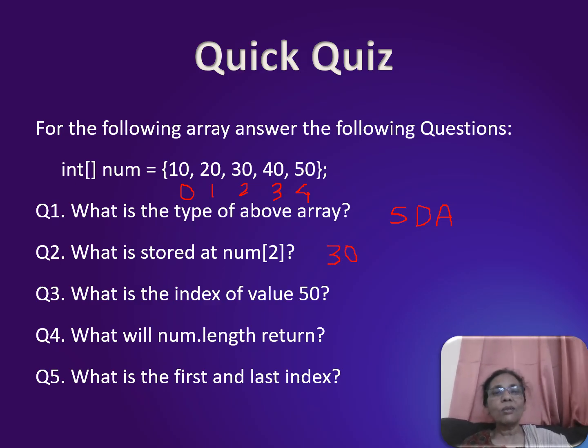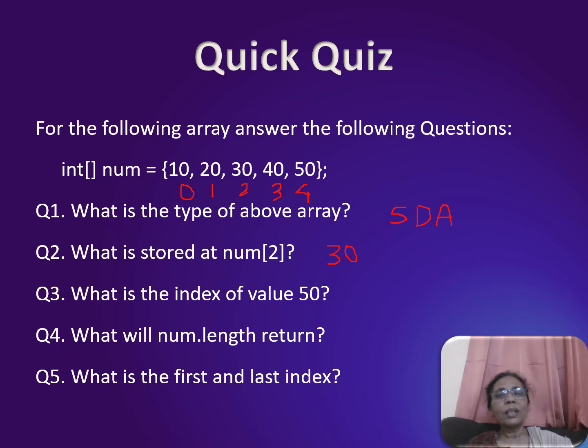What is the index of value 50? So if you look at 50, its index position is 4. So here you can say num of 4. Or even if you write 4, that works. So the index position is 4. What will num.length return?